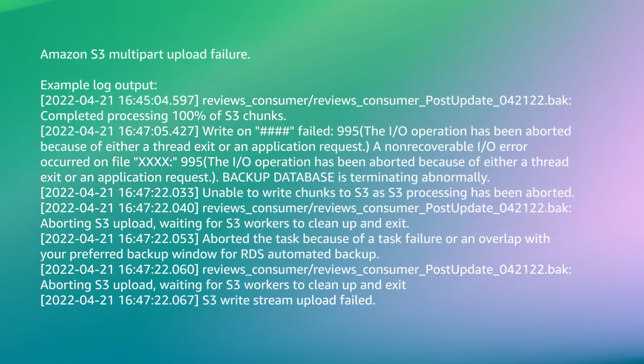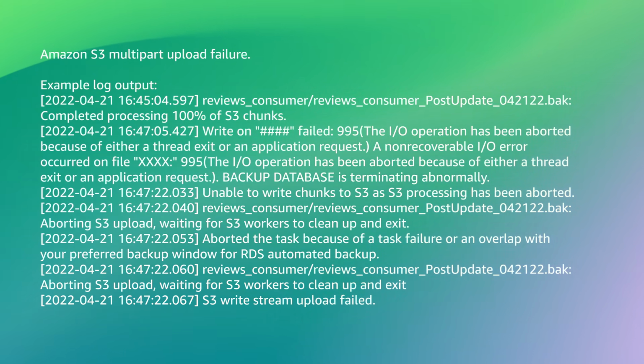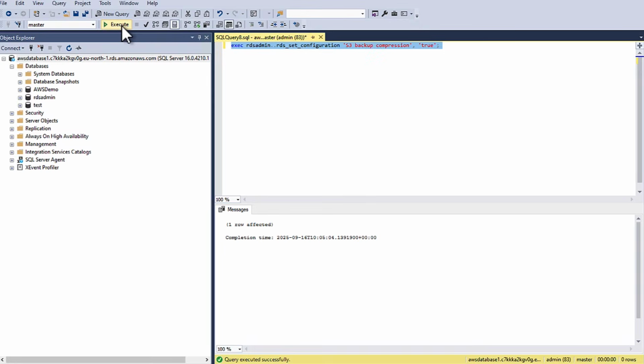If you move an object that's larger than the maximum object size for an Amazon S3 multipart operation, then Amazon S3 divides the larger object into multiple parts that exceed the maximum number of parts for each upload. To resolve this issue, turn on database backup compression to reduce the backup size so that Amazon S3 can receive the file. To turn on database backup compression, follow these steps.